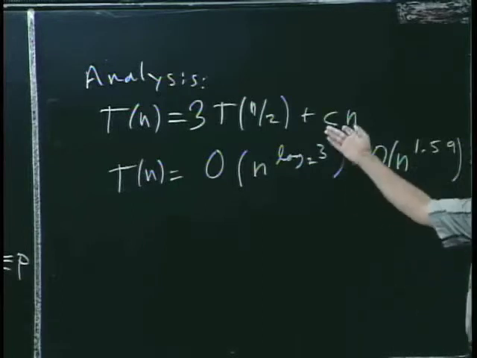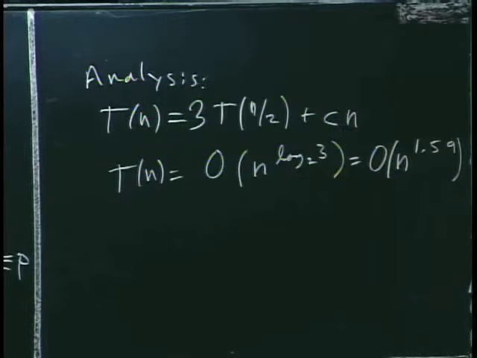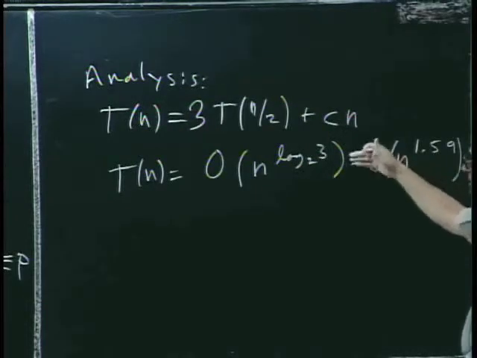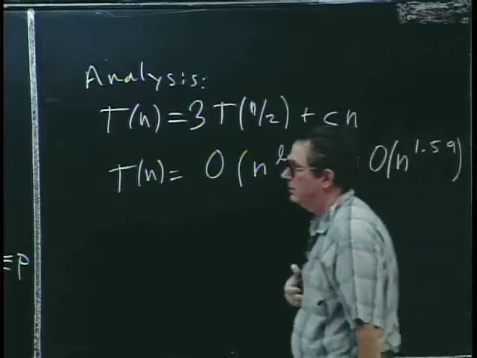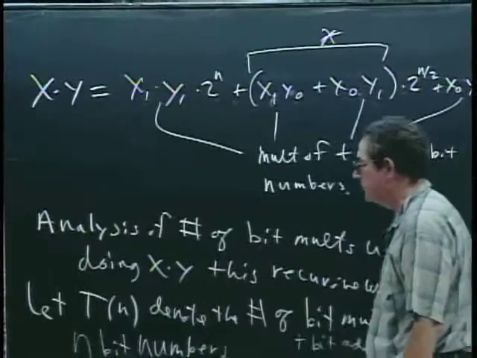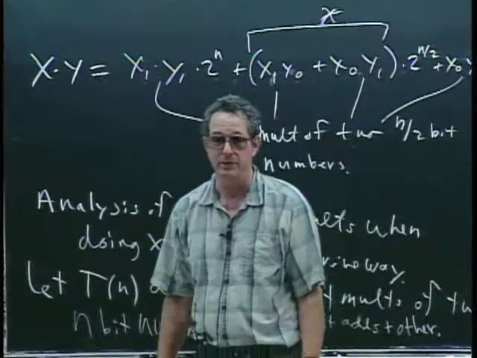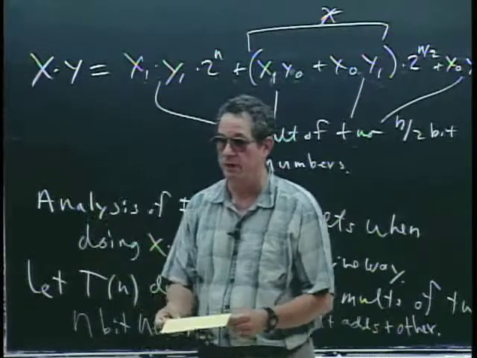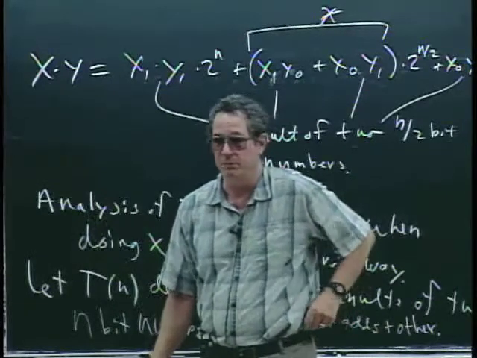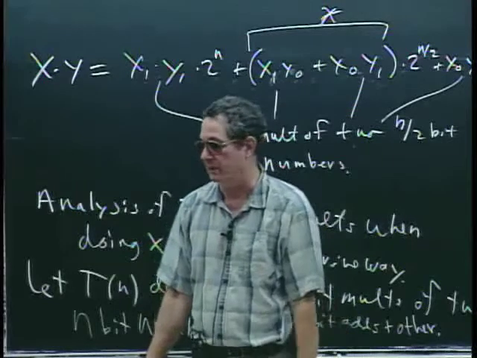But here, the overhead, the constant part, is not particularly large, and so this way of multiplying two n-bit numbers really should do fewer total operations than the straightforward way for n fairly small. You can try to work out exactly where that crossover occurs.